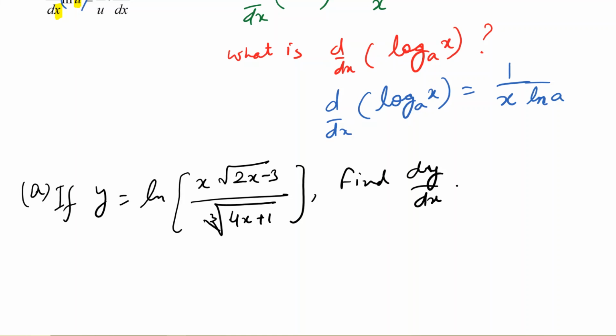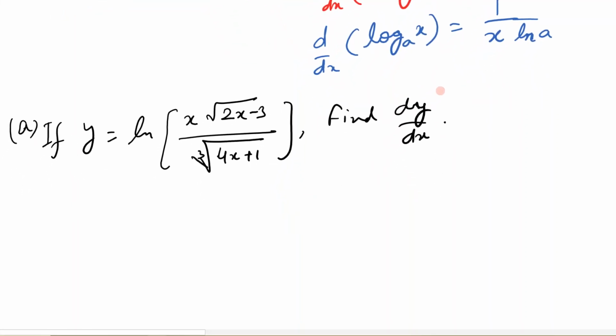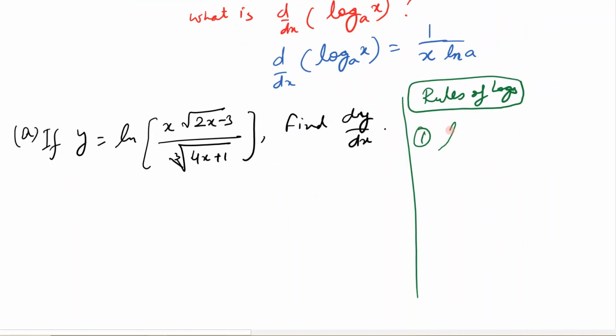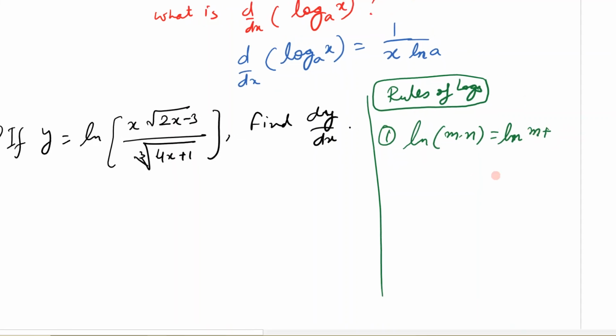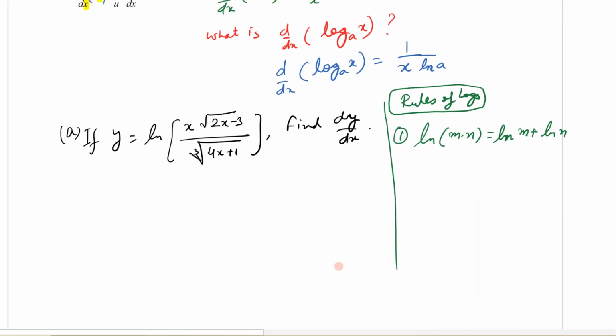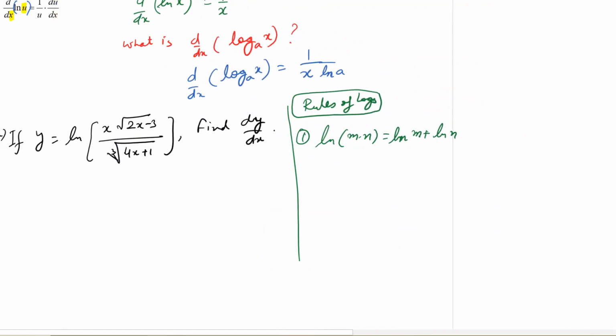If you don't remember the laws of logs, I can just remind you quickly. In your pre-calculus, you might have studied that. If you have a product inside the ln, it can be written as the sum of two ln functions, so ln m plus ln n. Similarly, if you have two functions in division, m over n, it can be written as a subtraction, ln m minus ln n.